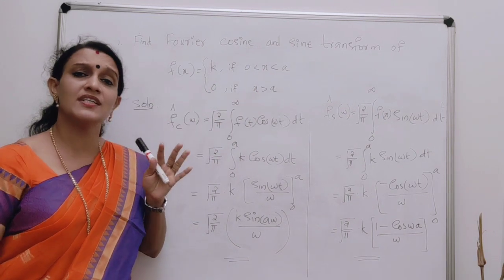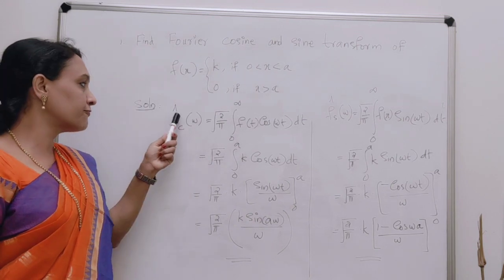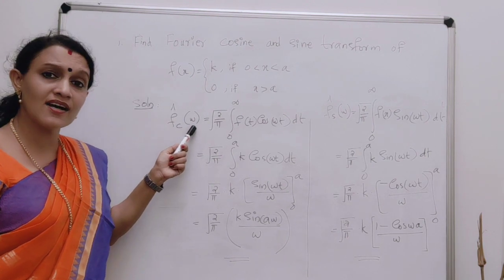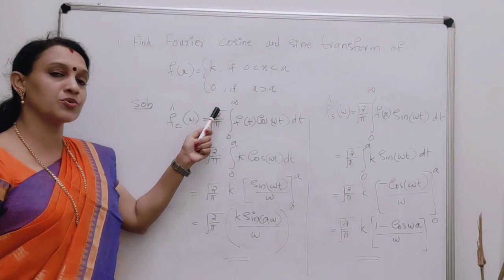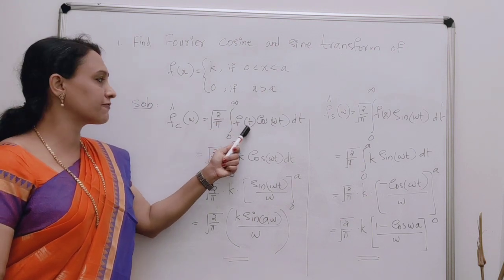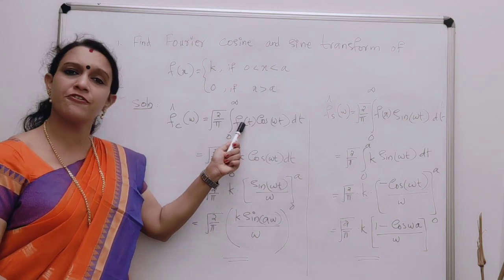You just use the definition of the Fourier sine and cosine transform, that's all. The Fourier cosine transform notation is F c cap omega, and that is equal to square root of 2 by pi integral 0 to infinity f of t into cos omega t dt. Now how to substitute f of t, that's all.